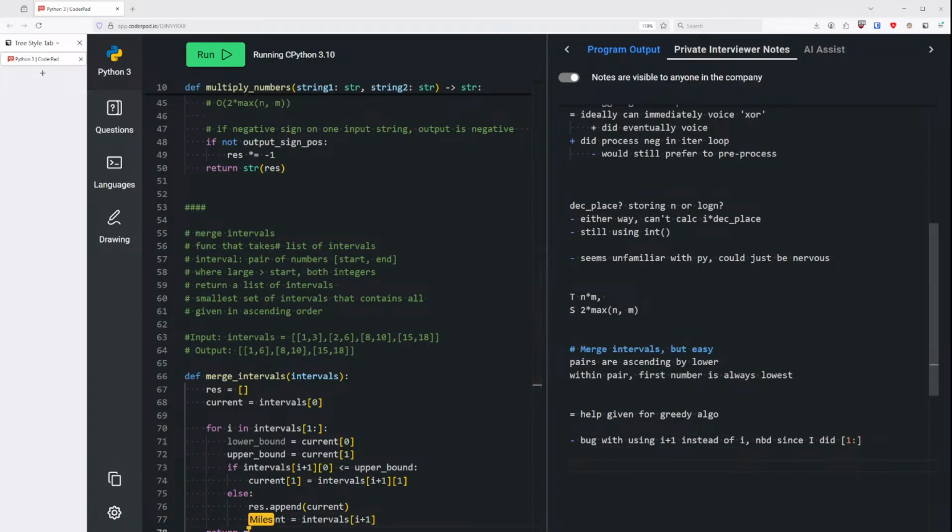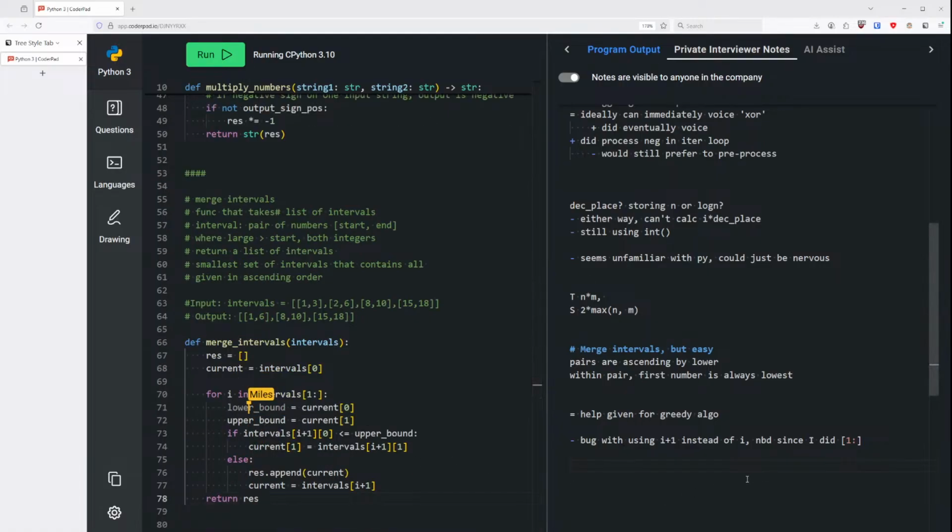So I guess we don't need this lower bound here. Okay, and then after the last iteration, you'll still have a current. Oh yes, okay. So let's think about that iteration.